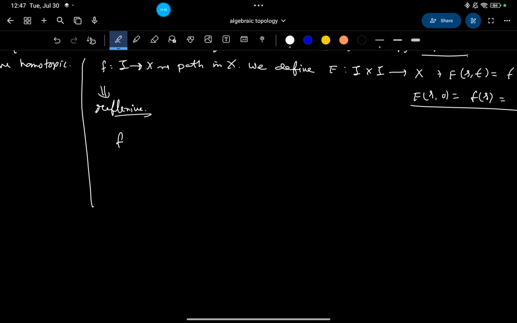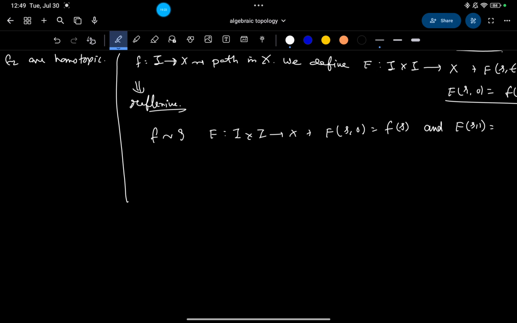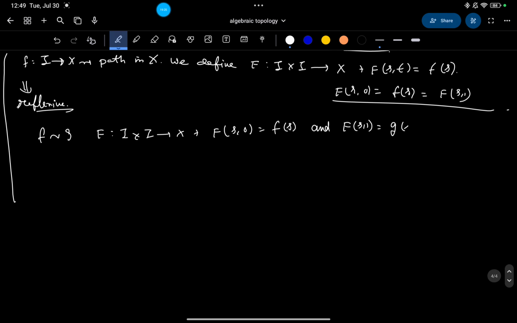For example, suppose we have f is homotopic to g. Let us consider capital F mapping from I cross I to X such that F of s comma 0 is small f of s, and F of s comma 1 is small g of s.